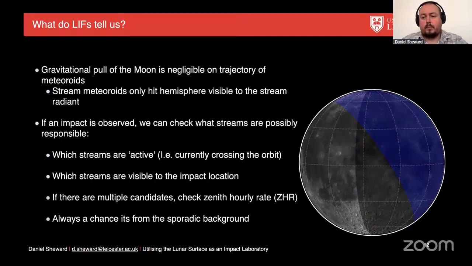Another thing that witnessing an impact flash tells us is we can sort of work backwards and try and determine which stream it came from. So because the gravity is negligible on meteoroids, it can only hit the hemisphere of the moon that is visible to the orbit of the meteoroids.